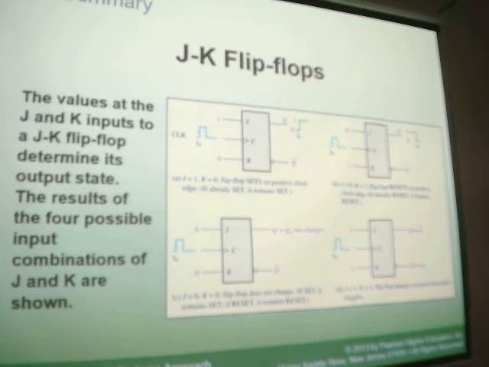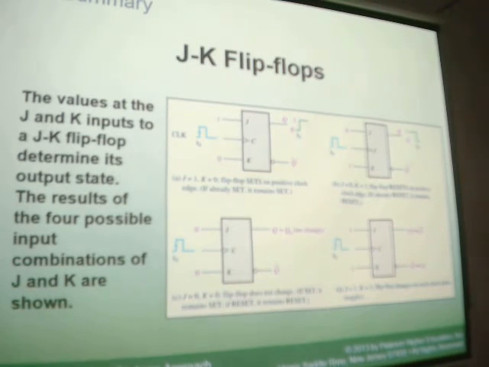Please see the blackboard. J equals to 0, so this equals 0. And K equals 1, so K bar equals to 0, so this part is 0. So Q equals to 0.